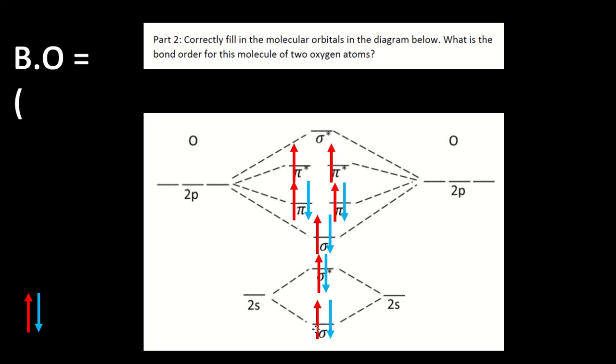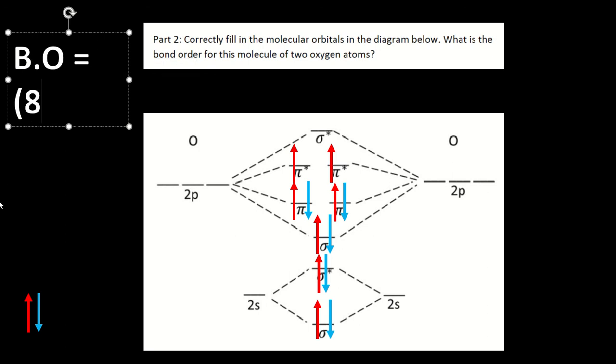Therefore, we have 1, 2 electrons in the first sigma bonding orbital. We have 1, 2 electrons in the second sigma bonding orbital. And in these pi bonding orbitals, we have 2 of them, so those are 4 more electrons. So essentially, we have 1, 2, 3, 4, 5, 6, 7, 8. We have 8 electrons in bonding orbitals.